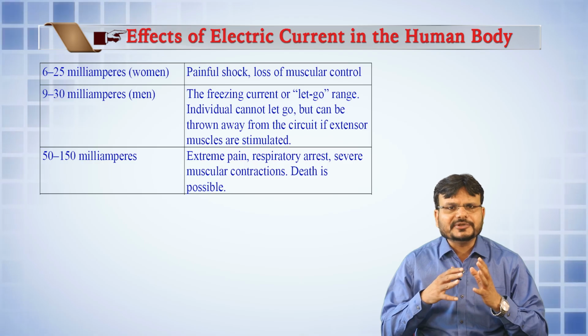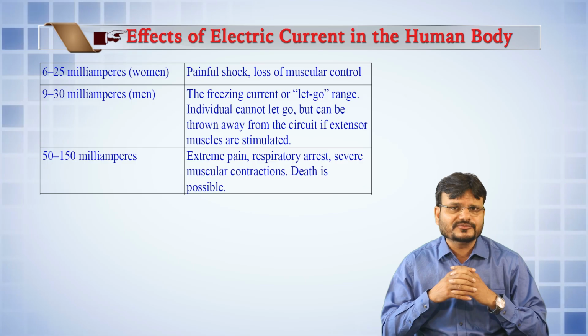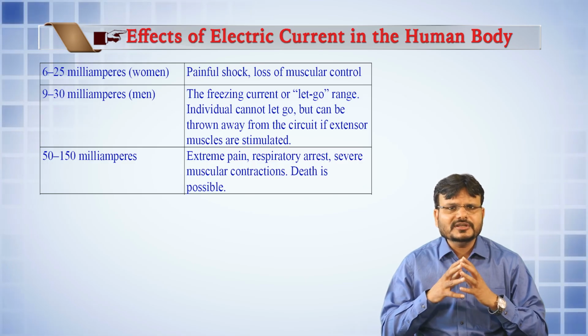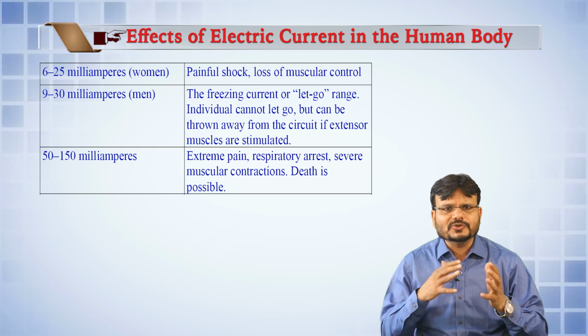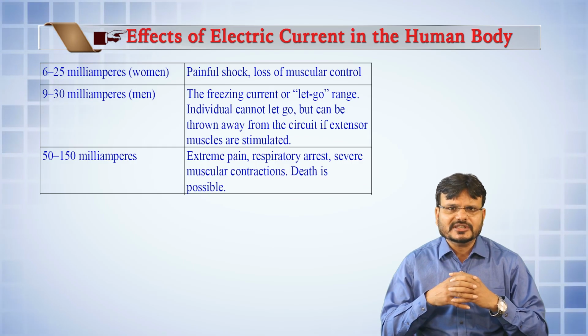If the current is 50 to 150 milliampere, then what will be the effect? Now we have to see. One will feel extreme pain, severe muscular contraction, and death is also possible.